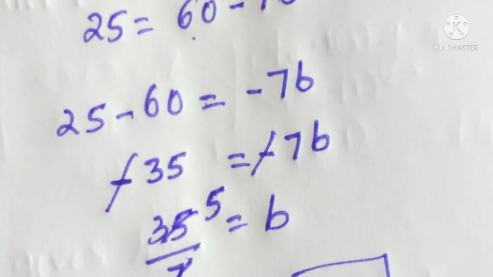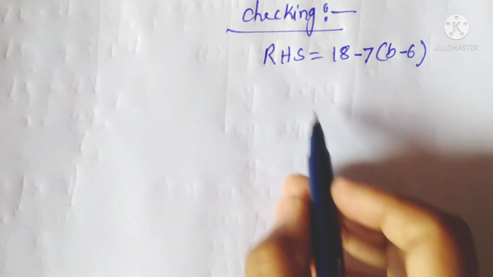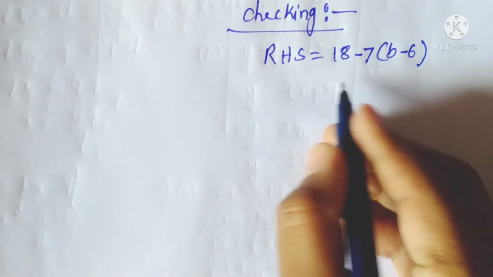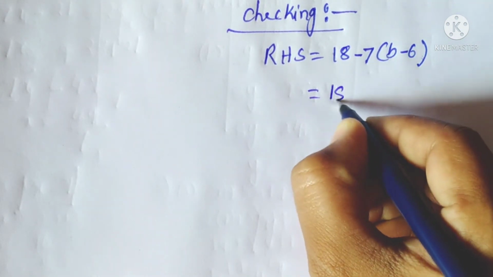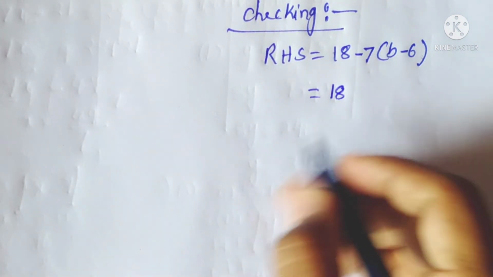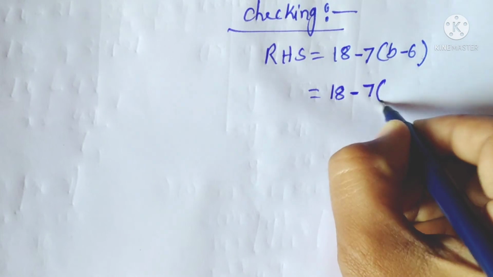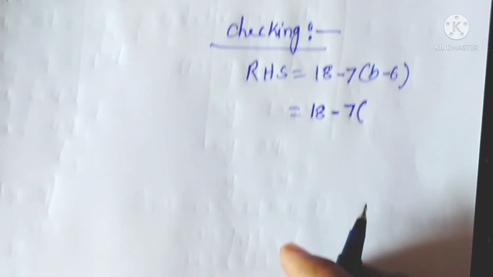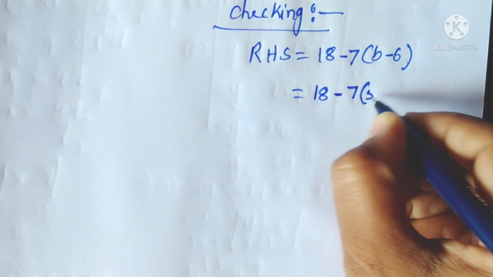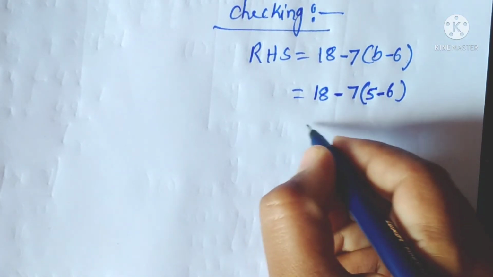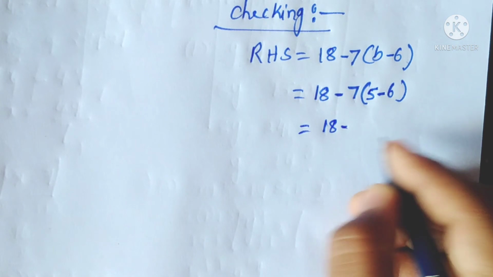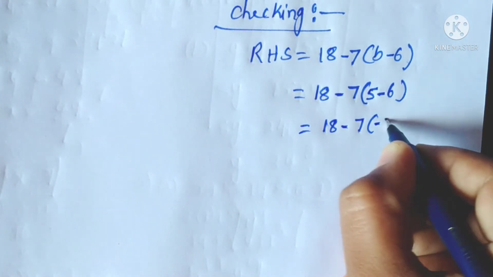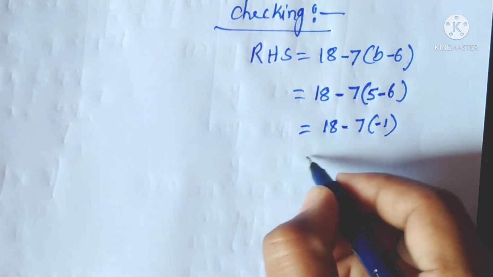Now we'll see the checking. So for checking, I took RHS here. So 18, because the variable is in RHS. 18 minus 7 into. So what is the value of b we get? b equals 5. So substitute that 5. 5 minus 6. 18 minus 7 into minus 1. 5 minus 6 is minus 1.